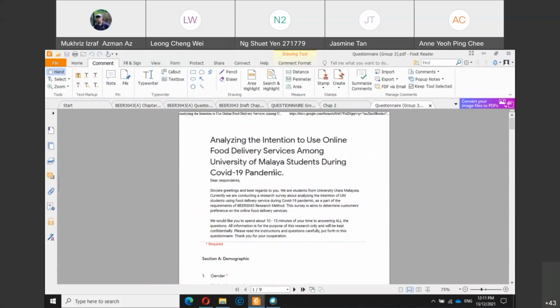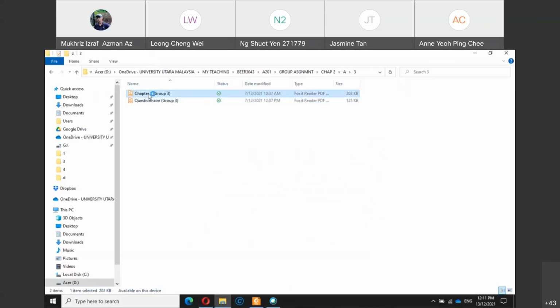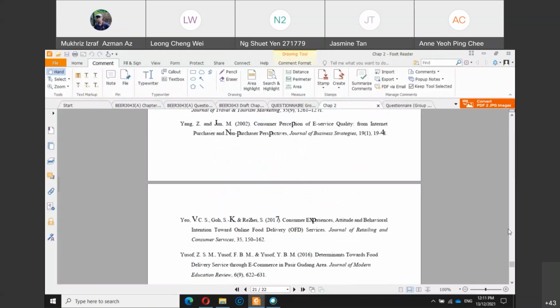Make sure that is only for your own reference, in Google Form style, but in your writing, prepare it in Microsoft Word style.